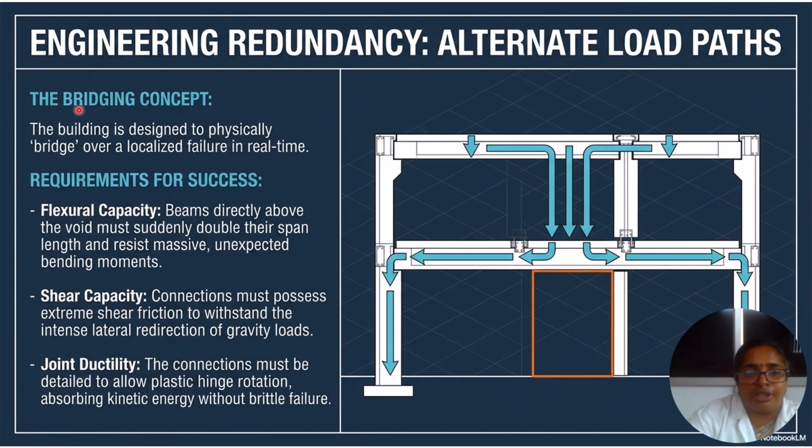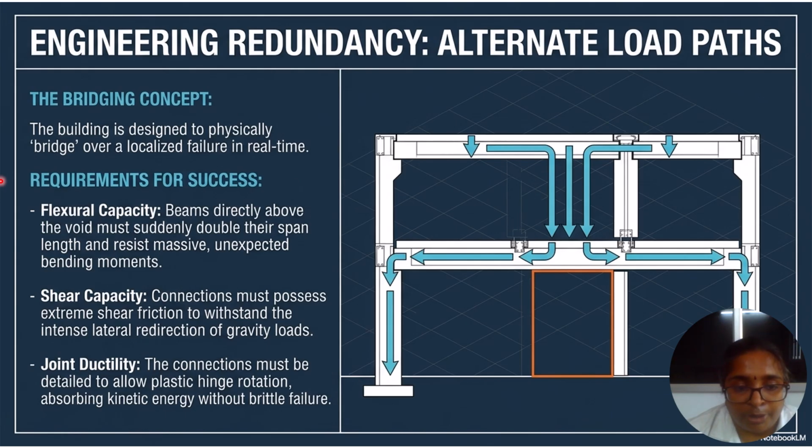And engineering redundancy, which is the alternate load path, the bridging concept. The building is designed to physically bridge over a localized failure in real time. Requirements for success. Flexural capacity: the beams directly above the void must suddenly double their span length and resist massive unexpected bending moments.